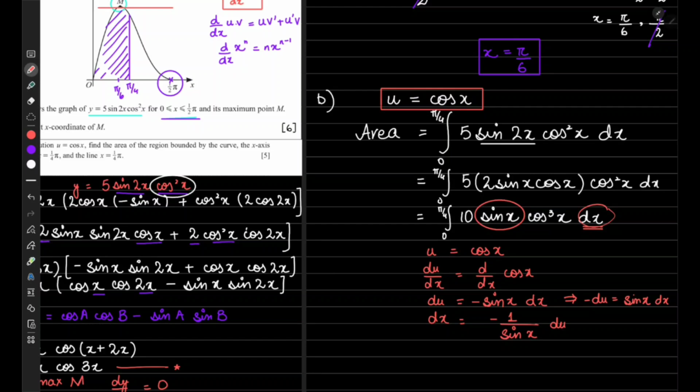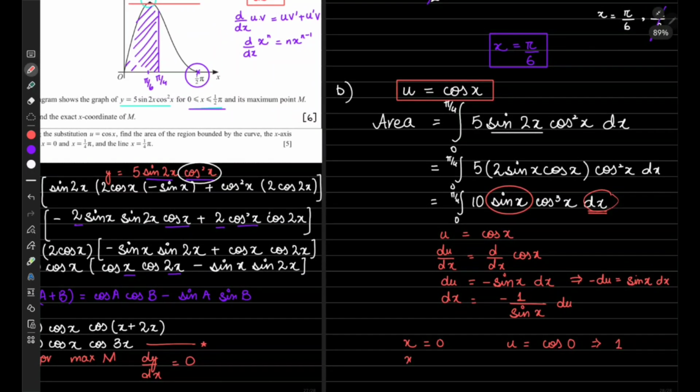Next thing is, when we change the variable, you also have to change the limits, because when x was 0, u is cos 0. What is cos of 0? 1. Similarly, when x equals pi by 4, what will be your u?